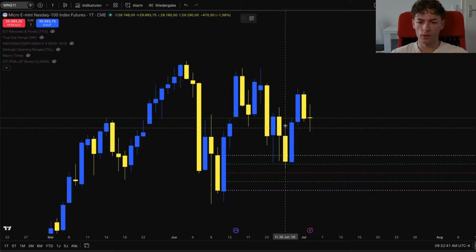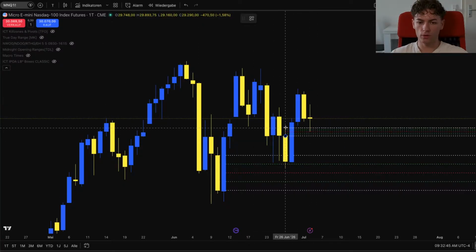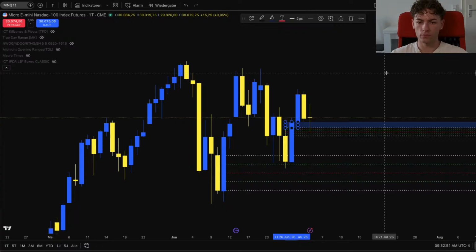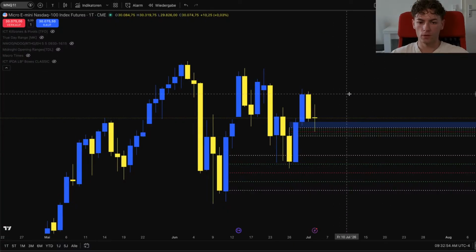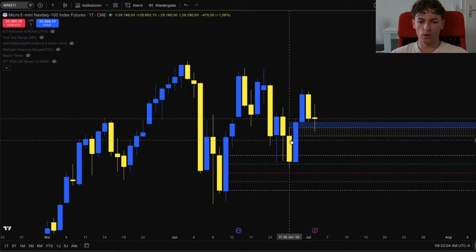Price traded up into the order block right here. We also have this fair value gap. So we have a propulsion block and a fair value gap, and price is so far respecting and being supported off of this.